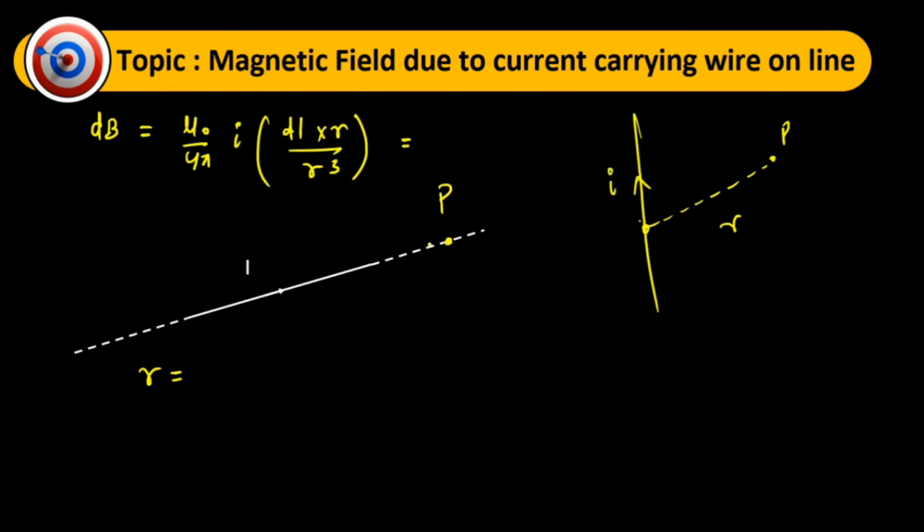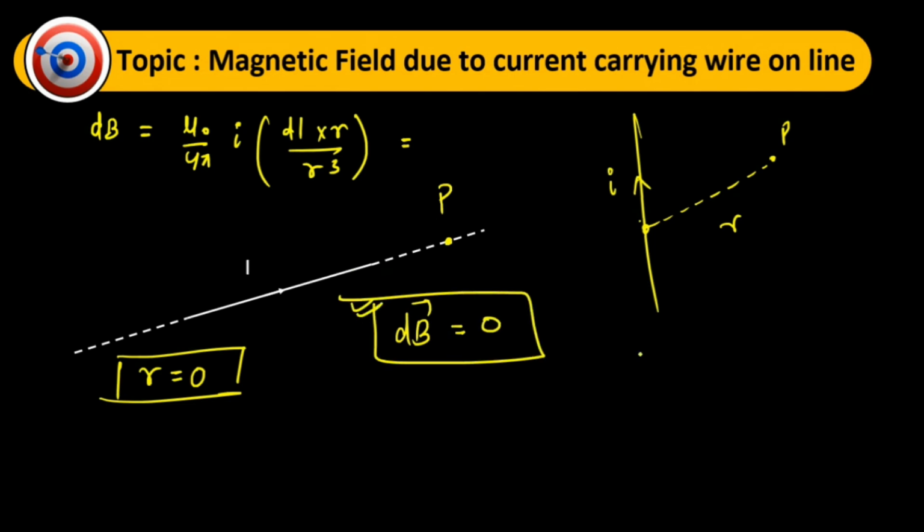But here the point lies on the wire itself. What is the distance between the current carrying element and the point? It is going to be zero. And if it is zero, the magnetic field because of that element on the current carrying conductor itself is going to be zero.